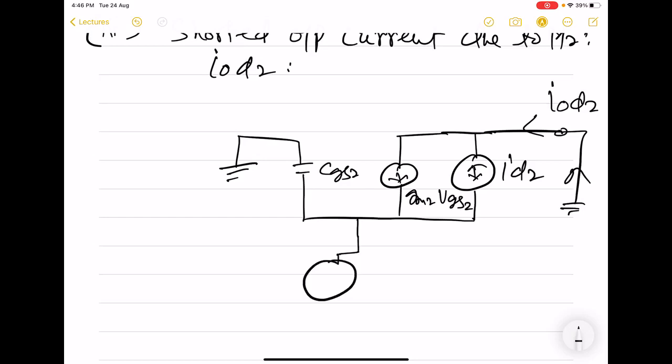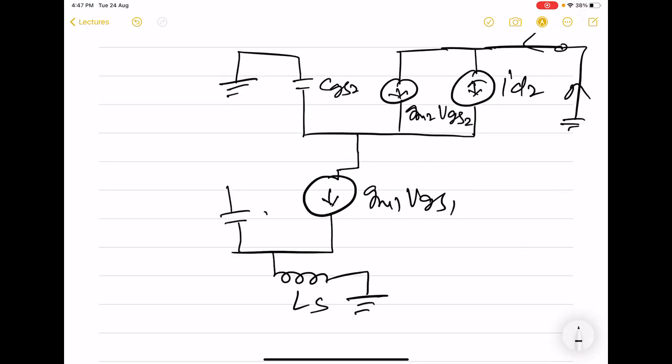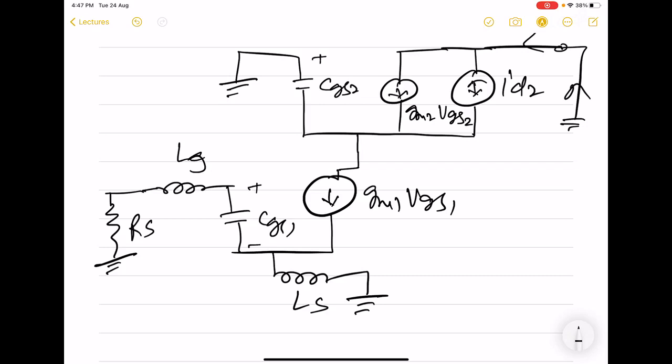And we have now gm1 VGS1. This is LS and CGS1. Here, so here also we will label various currents.